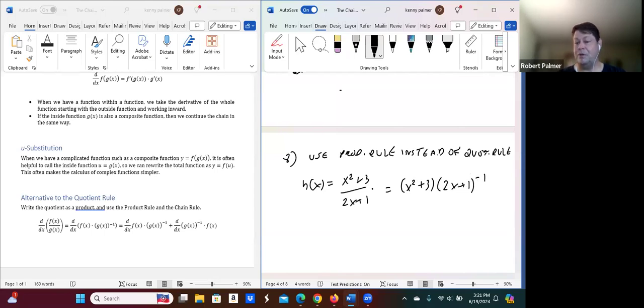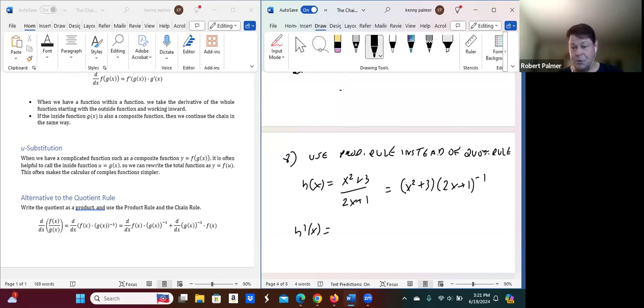These are equivalent, the same thing. So now for h prime of x, I can use the product rule, which is much easier to remember. Once again, the nice thing is it doesn't matter which order, but I'll take the derivative of the first times the second function, and then the derivative of the second function times the first.